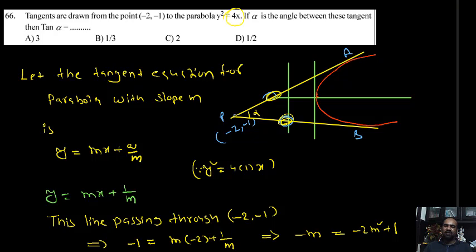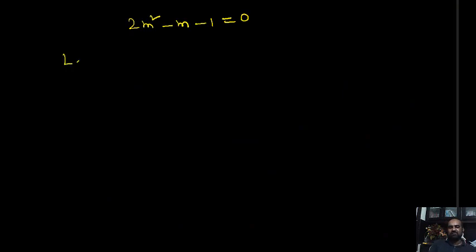Already the points are taken here: P, here A, here B. PA is one tangent, PB is the other tangent. Let the slope of PA be m1, slope of PB be m2.